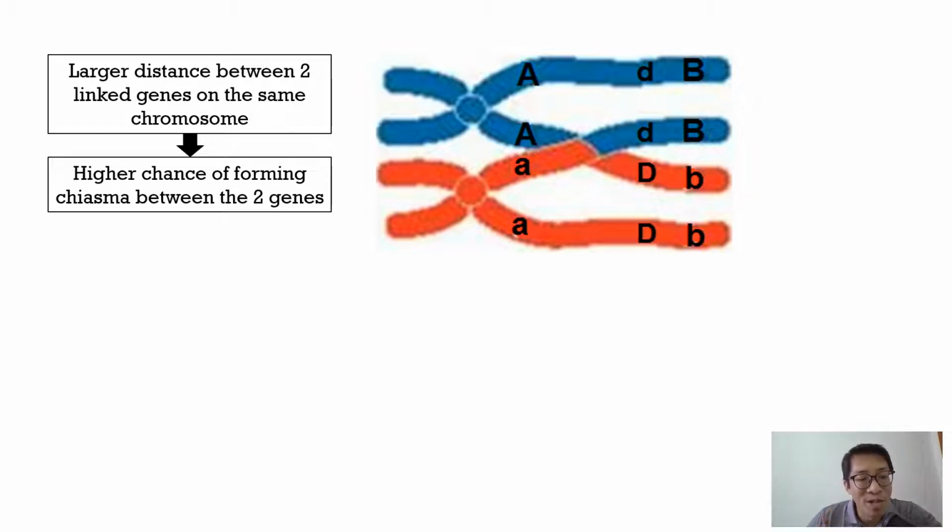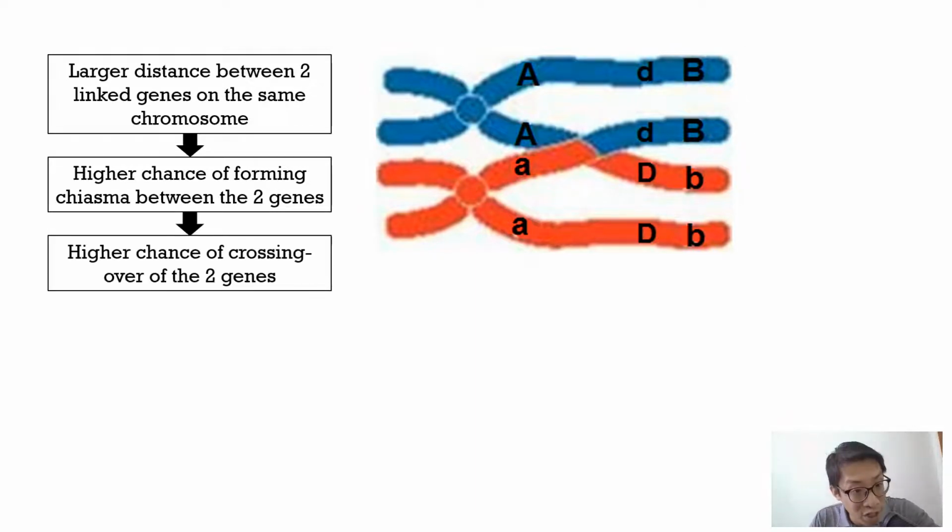So when we talk about crossing over, from the first video we have been emphasizing this, crossing over may or may not occur, number one, and if it occurs, it may not cause crossing over between the two genes. So in order for you to have crossing over between two genes, the chiasma must form between the two genes. Having a longer distance between the two genes means there's a higher chance of forming that chiasma between the two genes, and therefore a higher chance of crossing over between the two genes, as we have shown here.